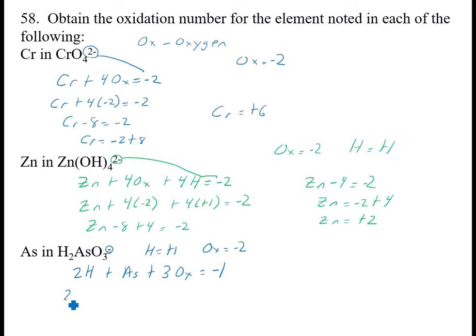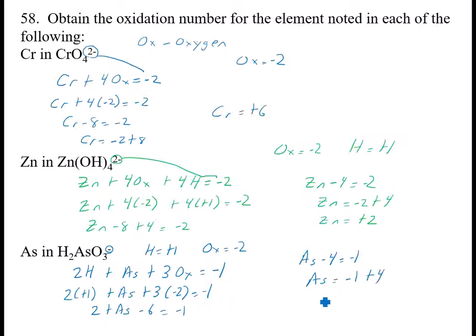So I have 2 times +1 plus arsenic that I don't know plus 3 times a -2 is equal to -1. So 2 plus arsenic minus 6 is equal to -1. So it's going to be arsenic minus 4 is equal to -1. Arsenic is equal to -1 plus the 4. So arsenic is a +3. And no, you don't have to show me each one of these mathematical steps. You do at least have to show me this step right here.